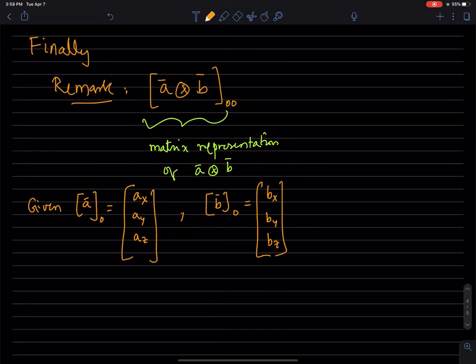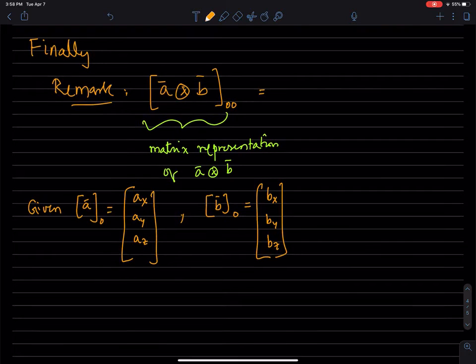The matrix representation of this outer product, of course, is going to be a 3 by 3 matrix, and that's going to be equal to, so recall, this is a 3 cross 1 matrix, and this is a 3 cross 1 matrix. This matrix is basically A, the matrix, B transpose.